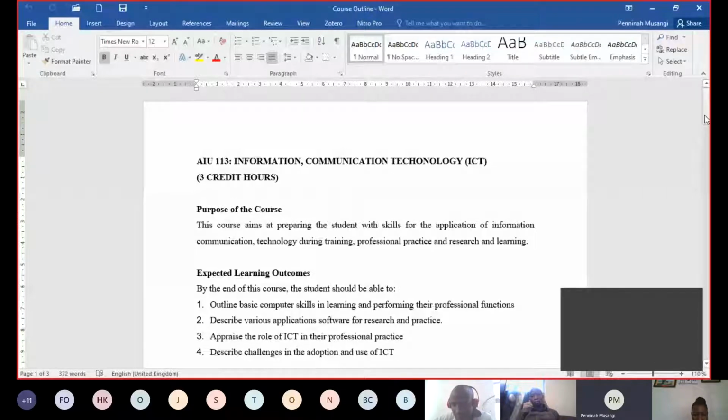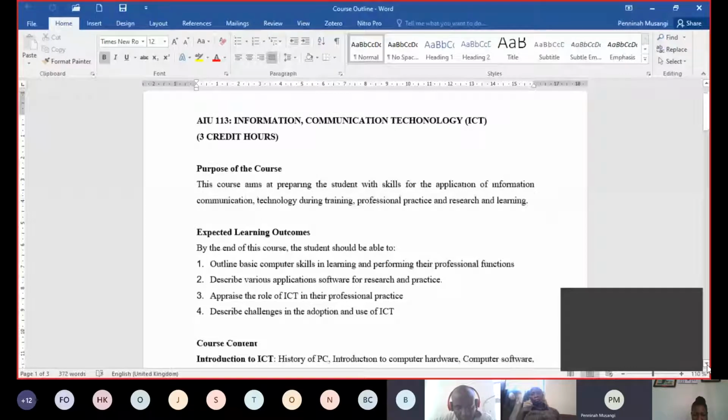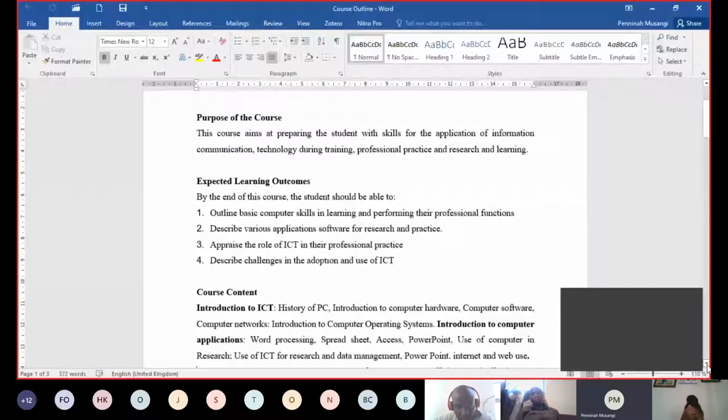What are the expected learning outcomes? At the end of this course, you are supposed to have basic computer skills. You are supposed to describe various application software for research and for practice. What applications can you use in your work? What applications can you use for research?